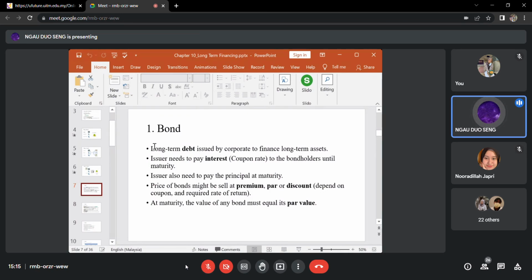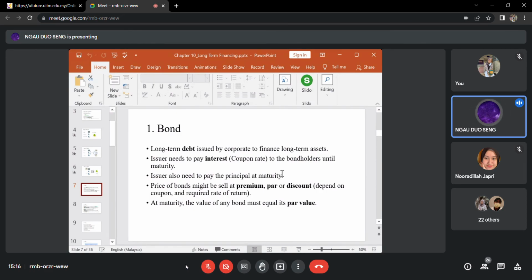So issuer, orang yang jual bond, issuer need to pay interest. Dalam bond kita panggil dia coupon rate. Right, kita panggil dia coupon rate. Right, if they say coupon rate, kita tahu yang ini adalah bond. Right, to the bond holders until maturities. So issuer also need to pay the principal at maturity lah.